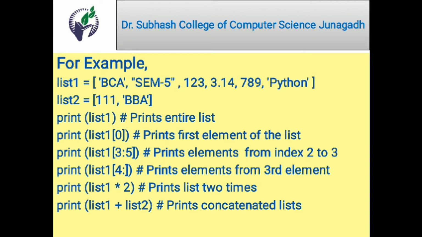Now the same way as we printed using the string, we are now printing the list. Print list1 prints the entire list, what we have stored in the list1 variable: BCA, SEM5, 123, 3.14, 789, Python.